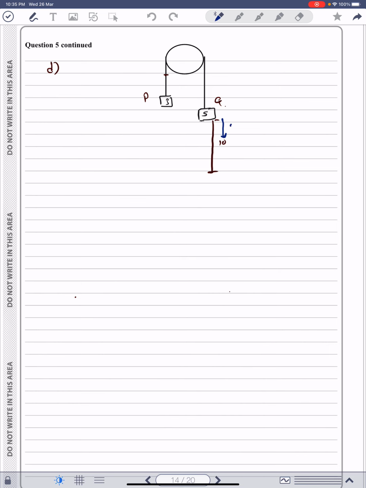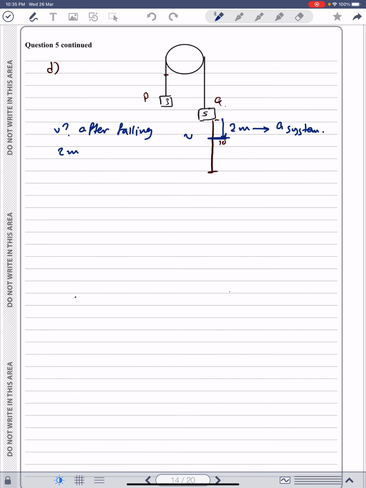This will go 2 meters due to the acceleration of the system, so we may calculate V, the speed, after falling or descending 2 meters.